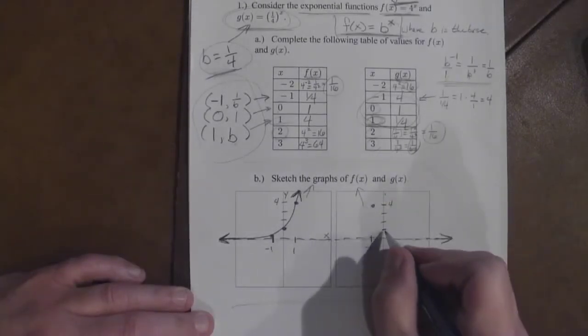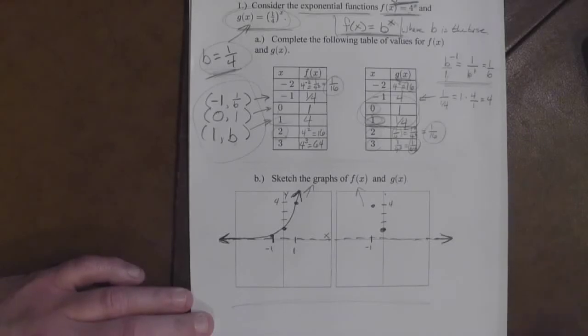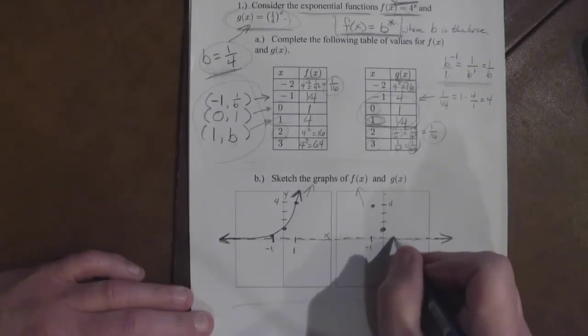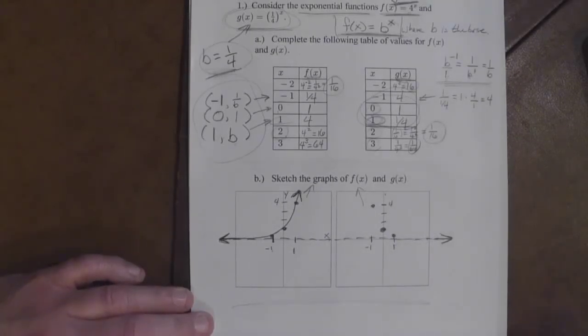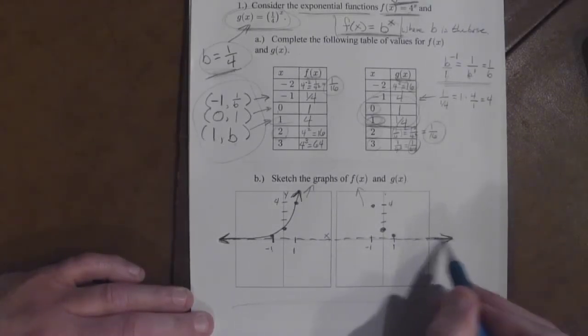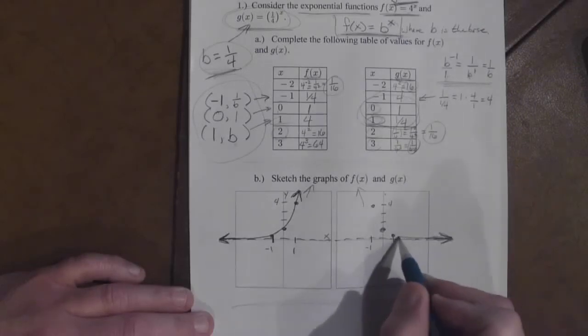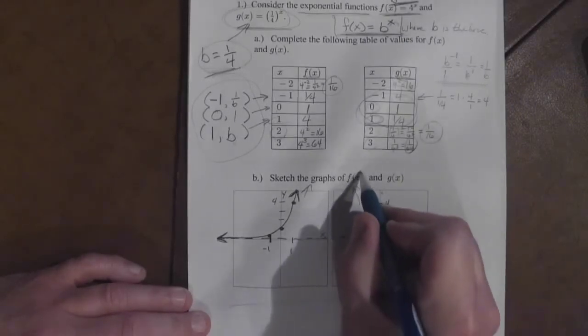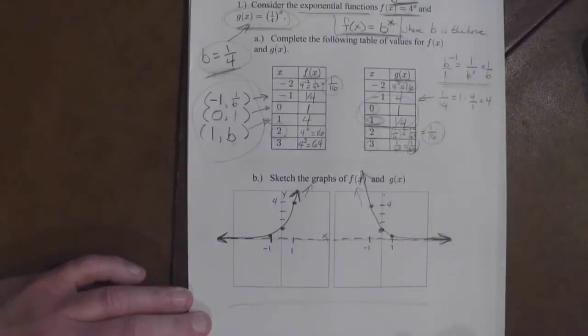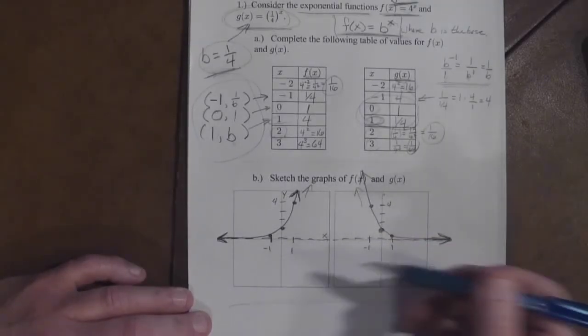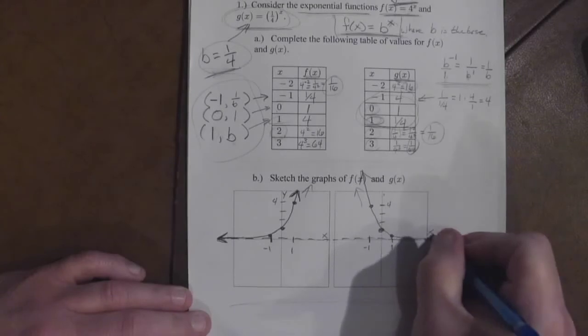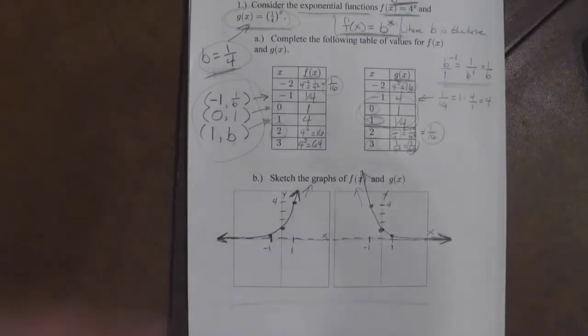And the location of 0, 1 would not change, but the location occurring at 1 would actually be down here at an output of 1/4. The graph having to end way over here, and as it comes back through and passes through those points, heads up towards positive infinity as x heads back towards negative infinity. We see that illustration for those graphs, folks.